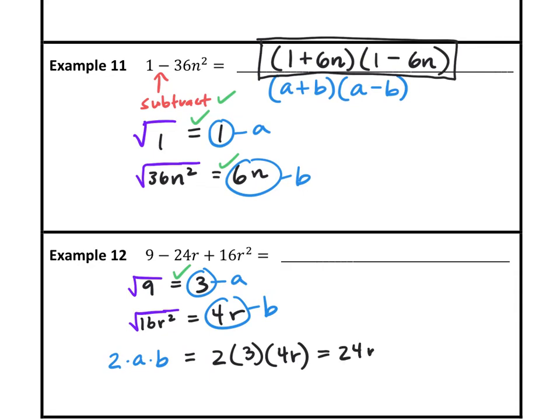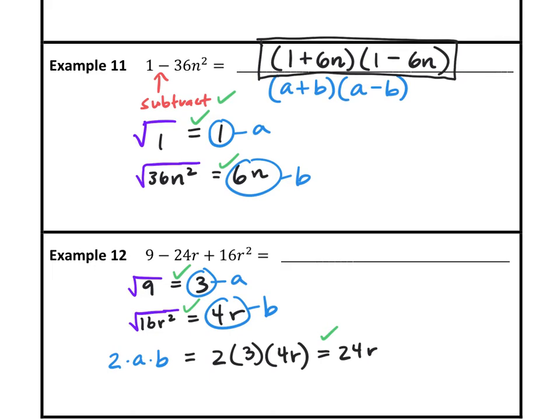Awesome, so we get 24r, which is the middle term. Oh, I forgot to check off that one. So everything checks off. I can square root the first and the last term. If I multiply 2 times A times B, it gives me 24r, which is the middle term.